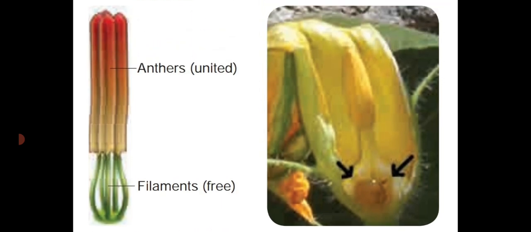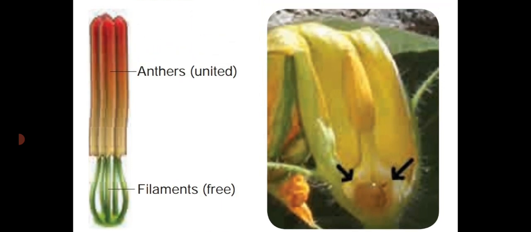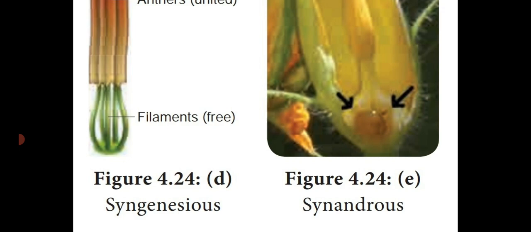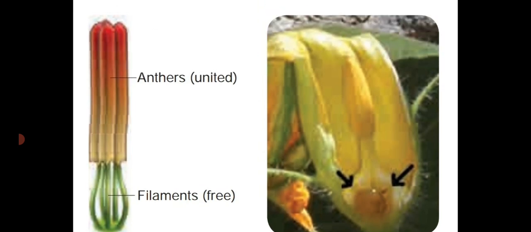See the diagram. Filaments are at the base, they are free, which is green in color. At the tip, the yellow color anther lobes are fused together or connate together. So this condition is known as syngenesious type of connation.